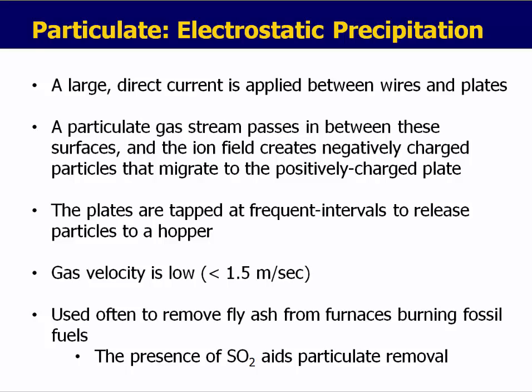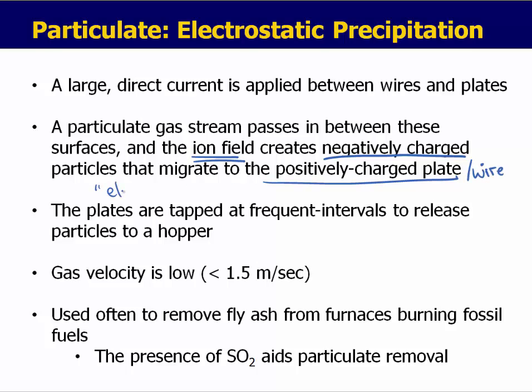The last unit we'll review is the electrostatic precipitator. In this system, gases pass through wires or plates that are producing a direct current. If the gases have any ionic or electrical property, and most commonly those are negatively charged ions, then those negatively charged ions will migrate to the positively charged plate or wire.